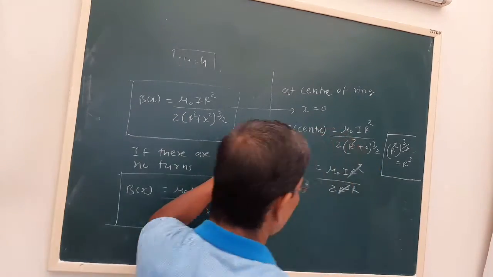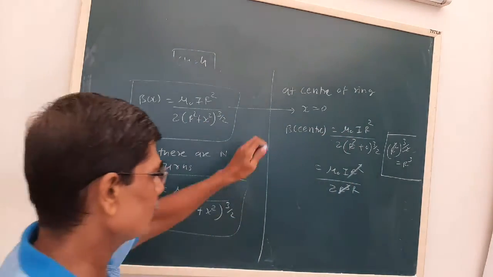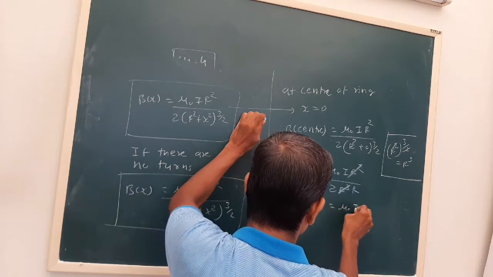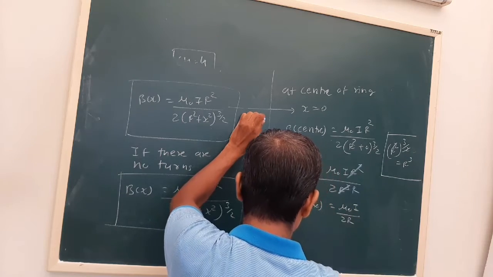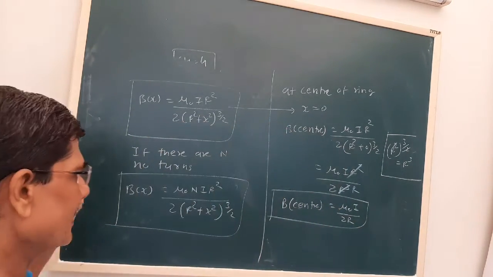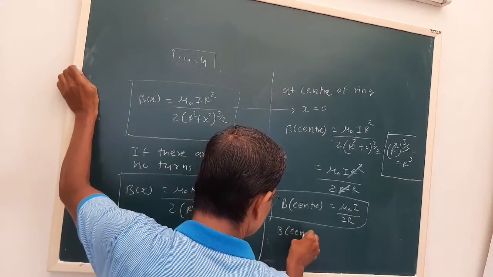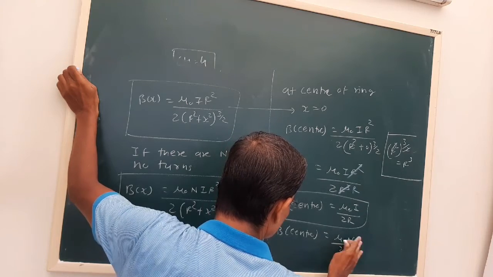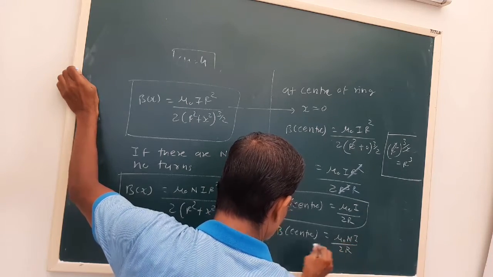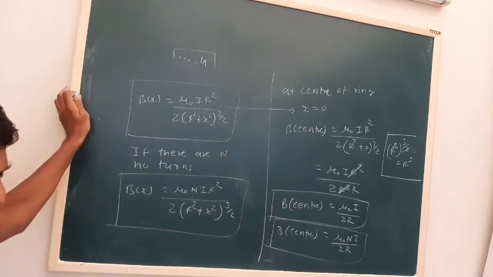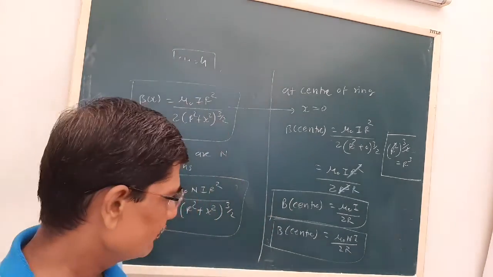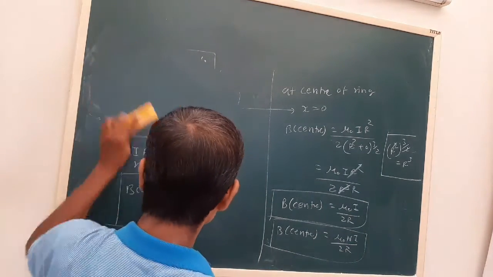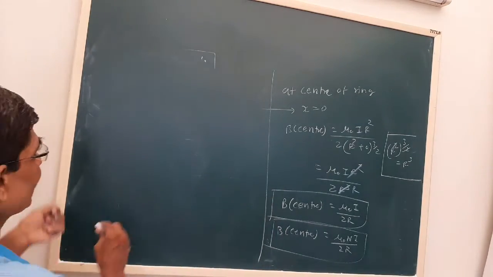This R squared and R cube cancel, so only one R is left in the denominator. So at the center of the ring, B is mu0 I upon 2R. If there are n turns, then for a coil with n number of turns the magnetic field will be mu0 n I upon 2R.